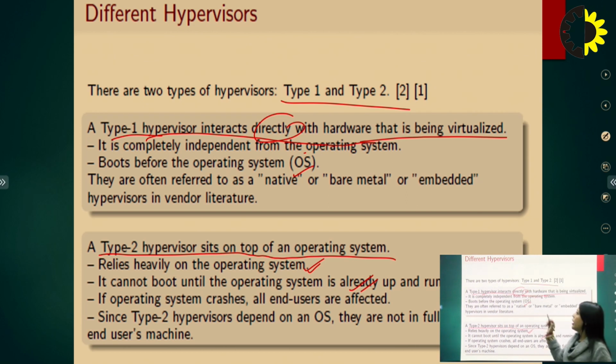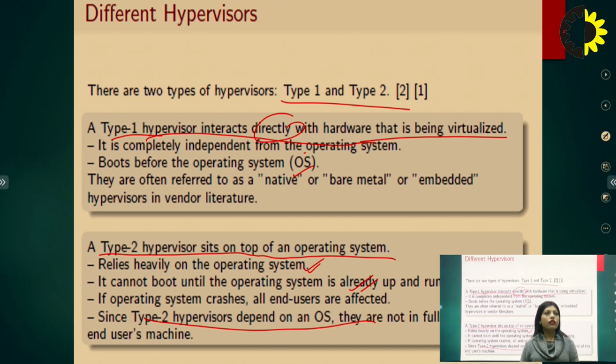Type 1 hypervisors are often referred to as native, bare metal or embedded hypervisors in vendor literature, because a bare metal hypervisor is not dependent on the operating system. But since type 2 hypervisors depend on the operating system, they are not in full control of the end user machine.